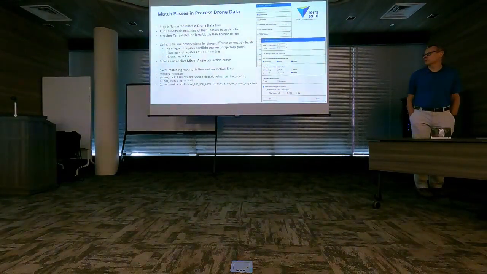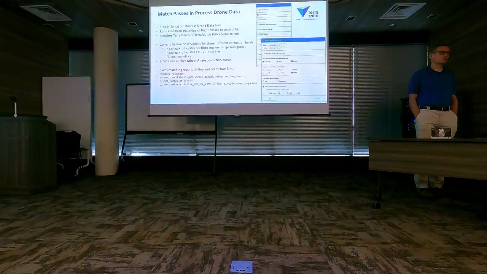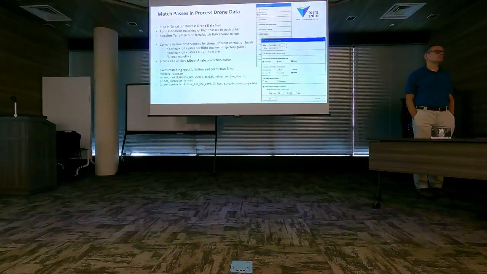The need to classify ground for matching is a little dependent on the parameters that you solve. So the more systematic parameters you solve, the more it's okay to have some noisy observations, to have some observations from places with vegetation.